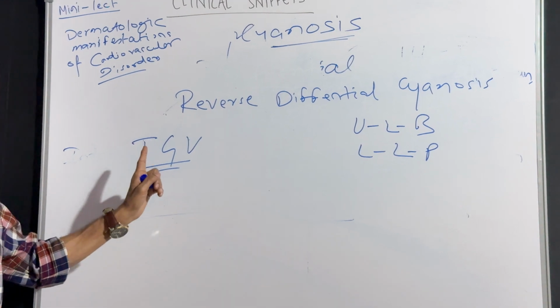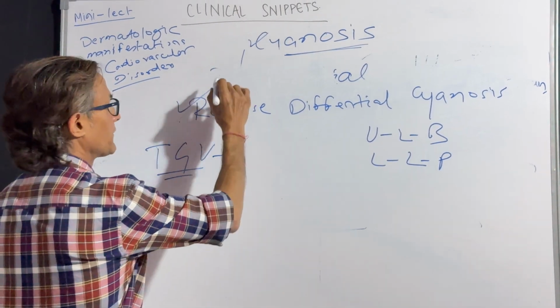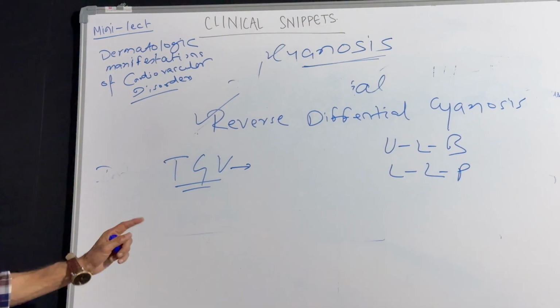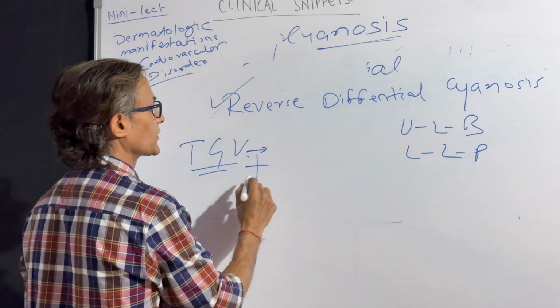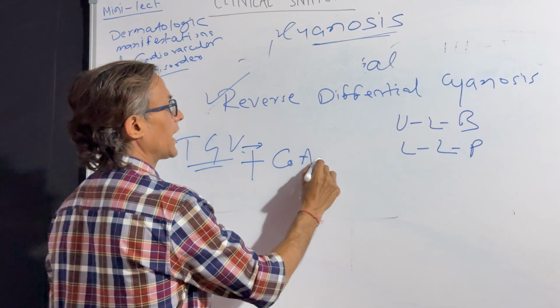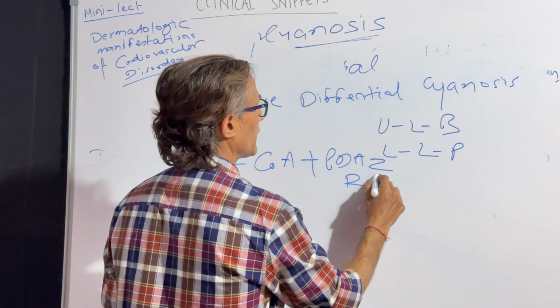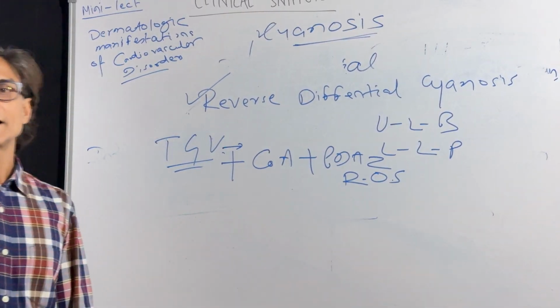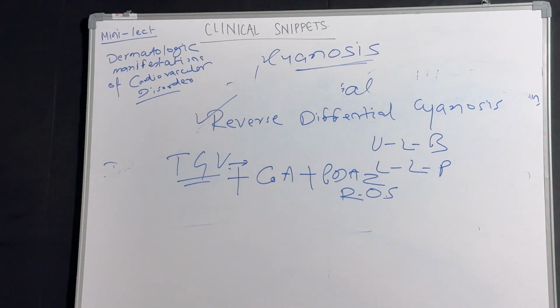So when there is a transposition of great vessels, there can be reverse differential cyanosis. Second, transposition of great vessels plus coarctation of aorta plus PDA with reversal of shunt. This is another scenario where you will get reverse differential cyanosis.